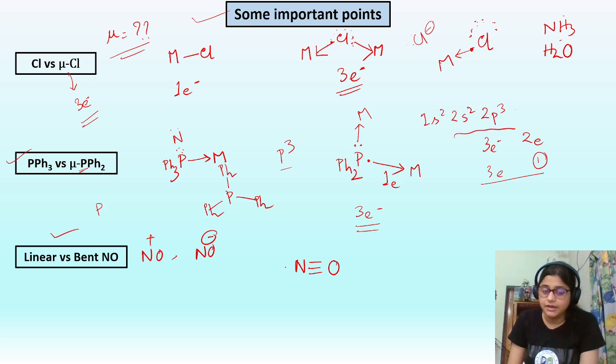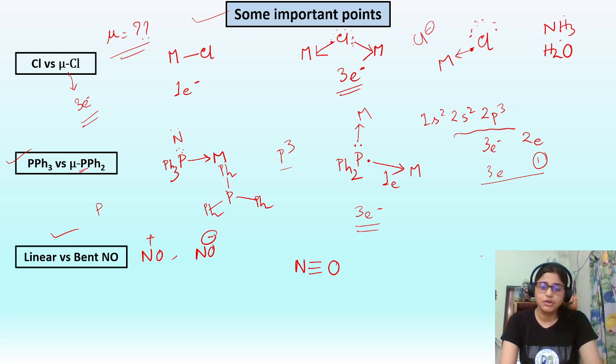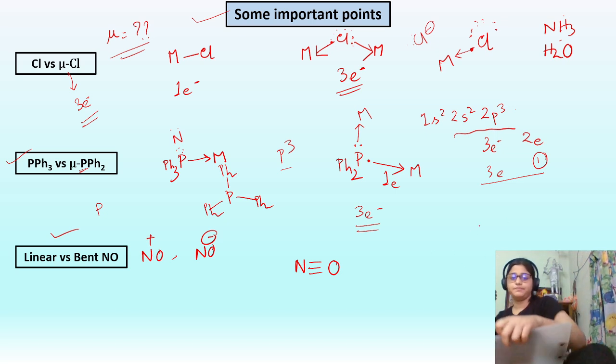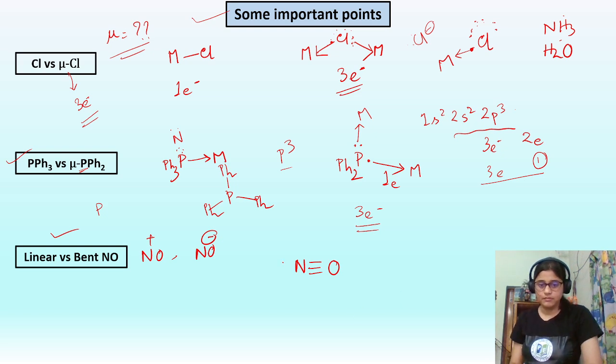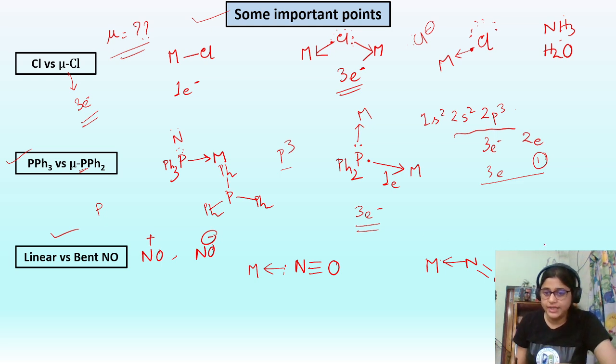So it is linear NO, and for the case of bent NO, it will be like this way. Here the bond order will be 2. So now what will happen is that here NO minus, right?